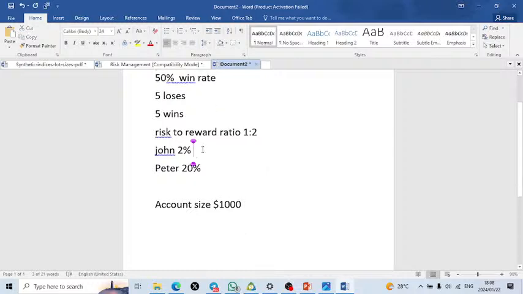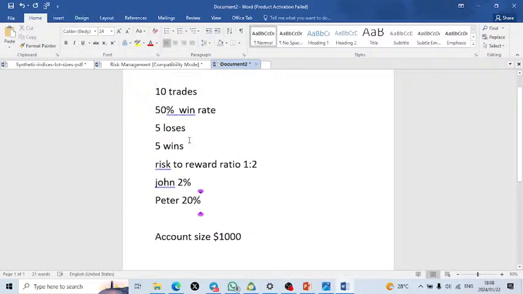So with Peter, let's start with this guy. 20% on each and every trade of $1,000.